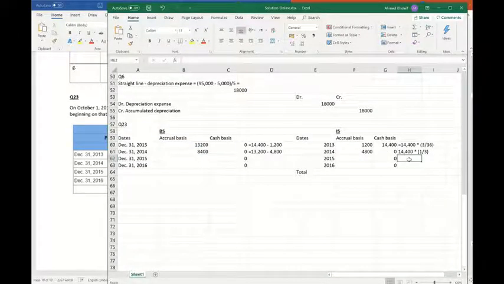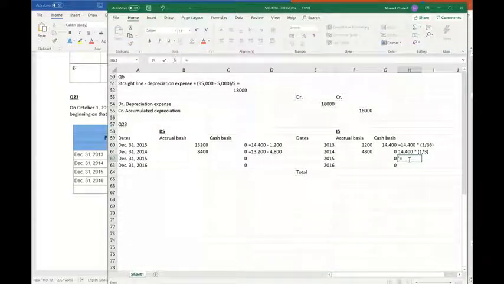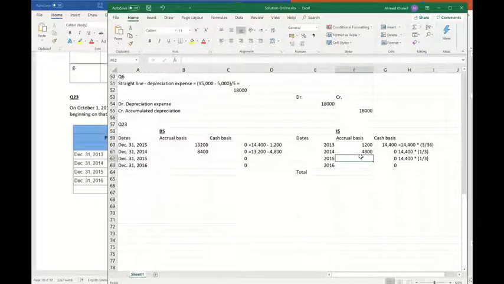And in the third year, it also benefits from the insurance for a whole year, which is 14,400 times 1/3. So this again is 4,800.